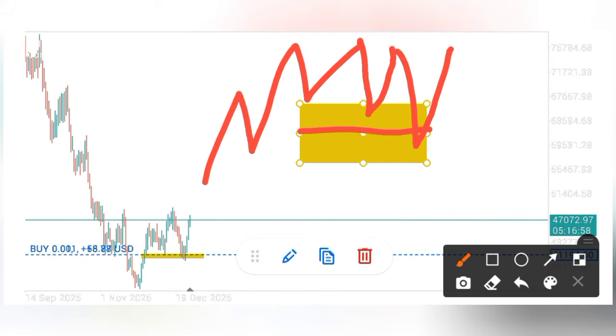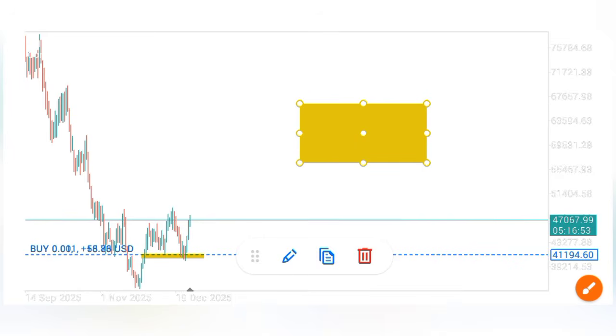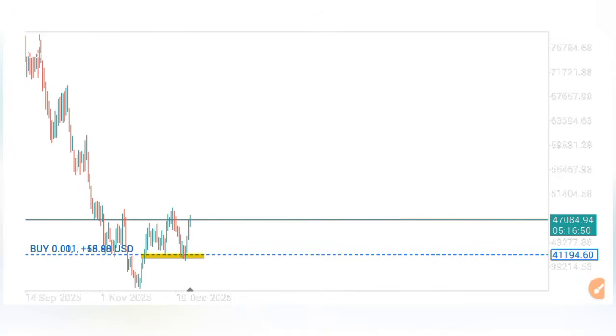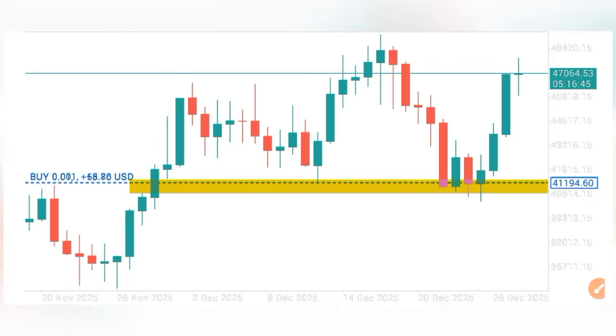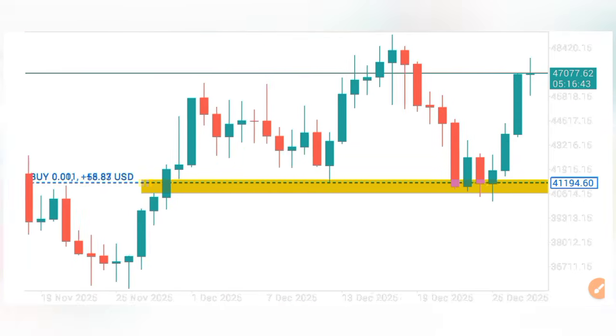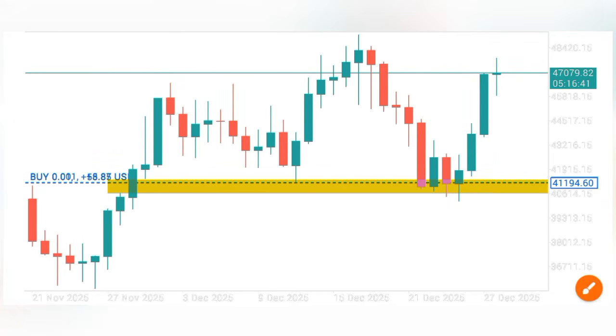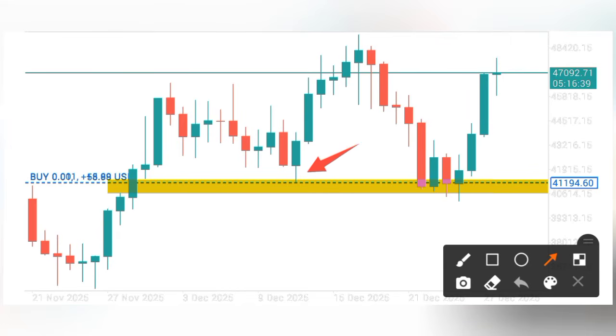That is when I will take the trade, and that is exactly what happened right here. Look closely: the initial tap right here did not go to the lower part of my zone. Though it tapped in slightly, it didn't go to the lower part. So I had to wait. I was patient.